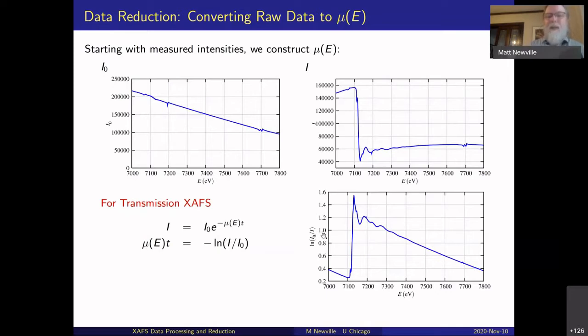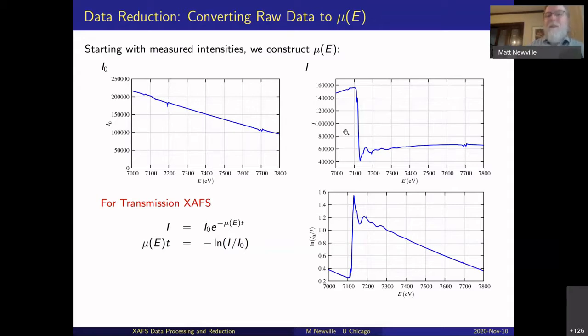But it means that in our plot here of log of I0 over I1, these values that go from 0.2 to 1.6 aren't very meaningful, because when you take the log, a multiplicative factor gives you a constant offset.